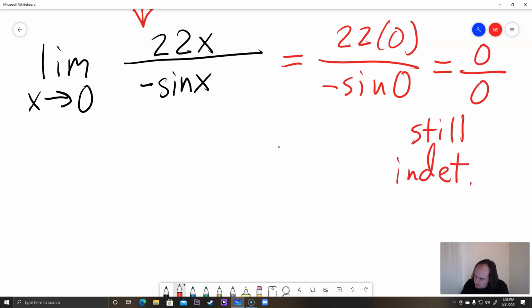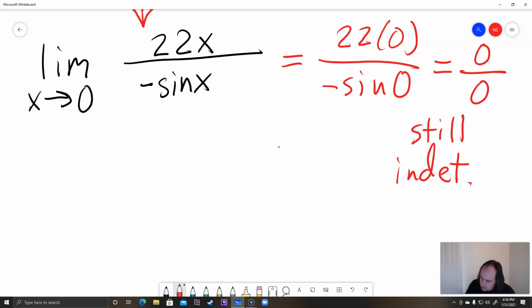So if it's still indeterminate, that means you haven't found the limit yet. In fact, the way I like to think of it, maybe it's not 100% scientifically correct, is if it's indeterminate, that means you haven't determined the limit yet. So you have to keep going.